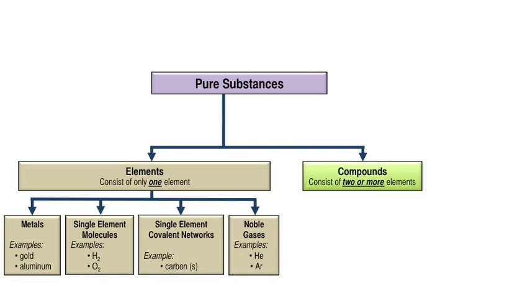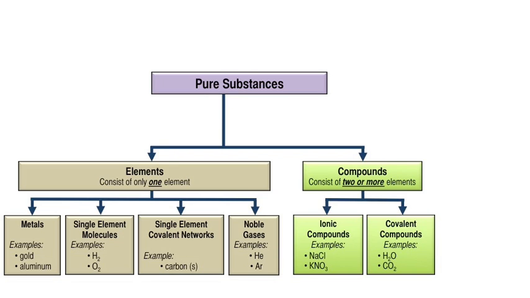Compounds consist of two or more elements. You learned that compounds are classified as either ionic compounds or covalent compounds. Examples of ionic compounds are sodium chloride or potassium nitrate. Examples of covalent compounds are H2O and CO2.